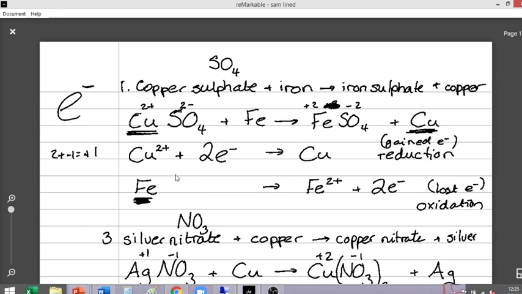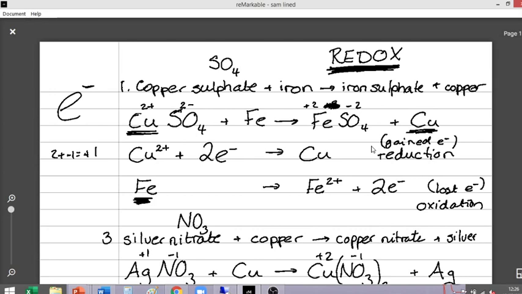Okay, so there's oxidation and reduction happening in this displacement reaction. And because we have oxidation and reduction happening, we simplify those two words and put them together and call this a redox reaction, which was the title of our lesson.